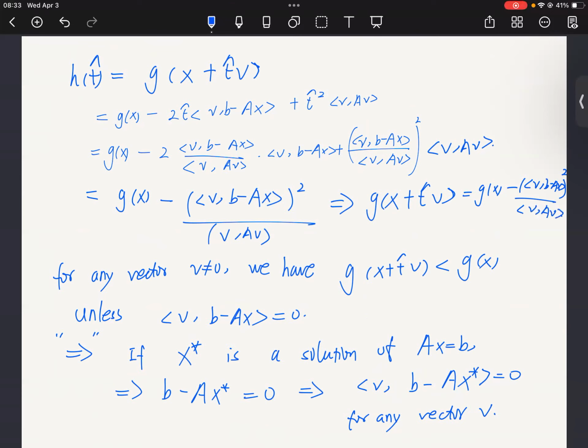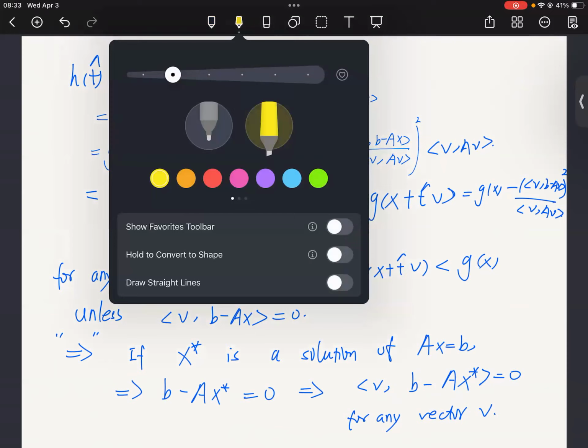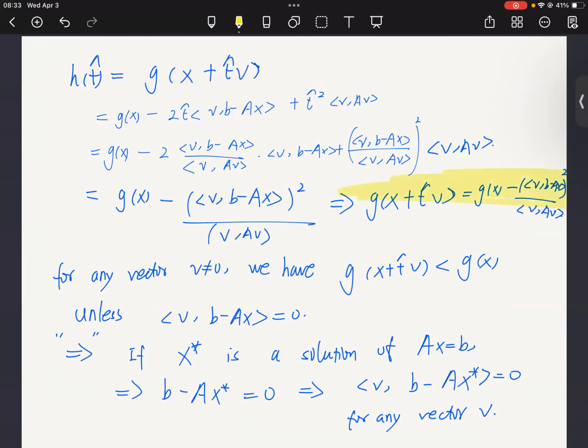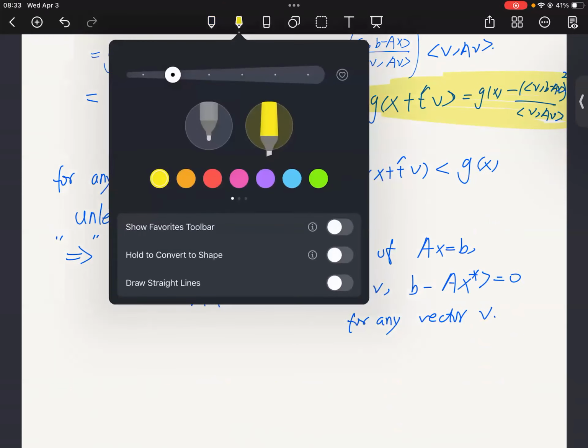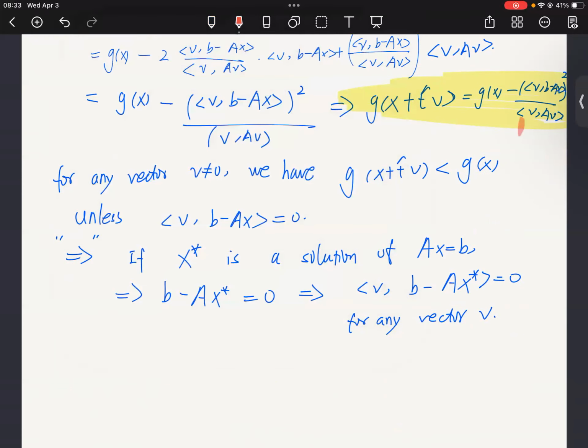VAV. And so by this equality here, because now for any vector V, we have the distance going to 0. So for any vector V, because we have this equality, this term is 0, which means that GX is actually the minimal value.